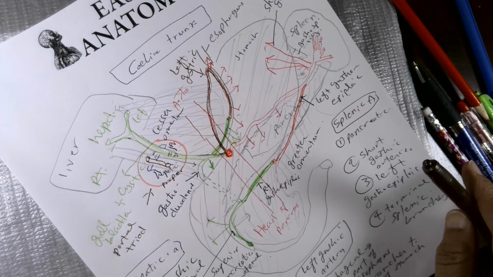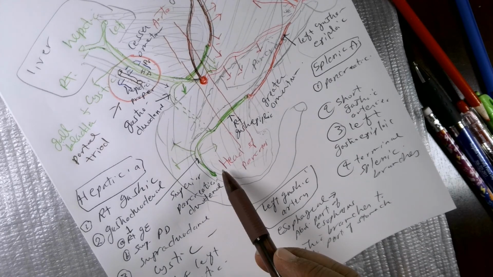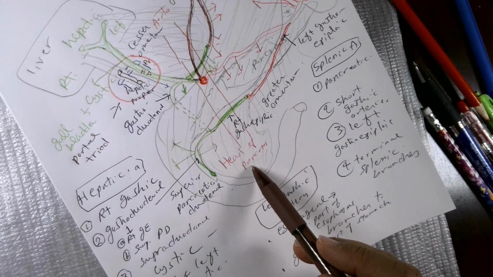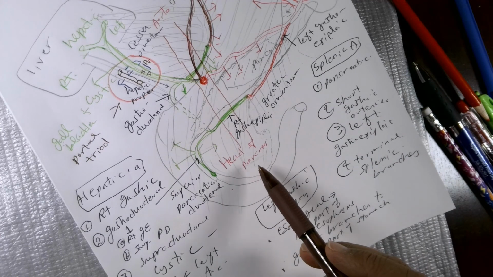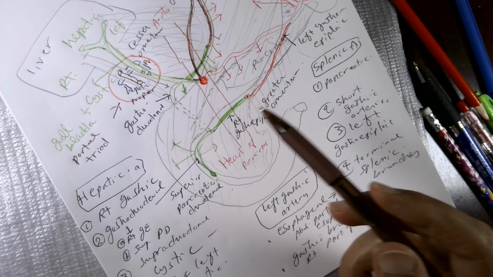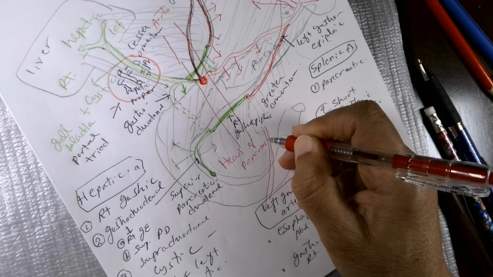Okay, before I leave this part also, do you see that there is a missing part of the duodenum and a missing part of the pancreas to be supplied by other arteries, because the duodenum here is only the upper half. So remember that we will talk about the superior mesenteric artery later on.